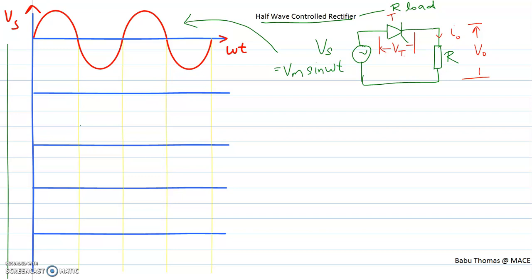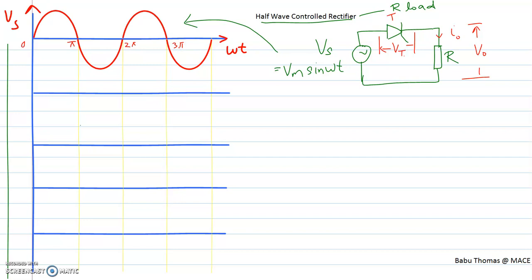Now the thyristor will be conducting only when the anode voltage is positive with respect to the cathode and also a gating signal is applied. So this is 0, this is pi, this is 2 pi, and this is 3 pi, and so on.